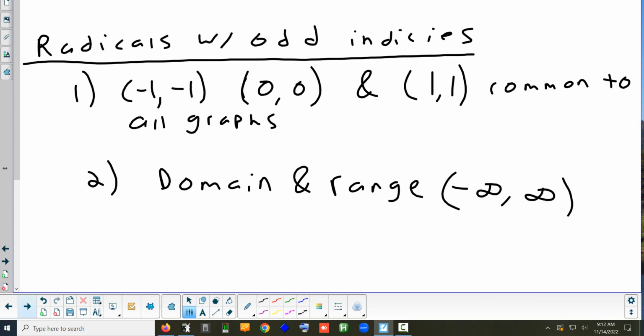Well then, you're going to shift these 3 points left and right. Domain and range for odd roots is all real numbers. So the nice thing about that is no matter how you shift or stretch an odd root graph, the domain and the range never changes.